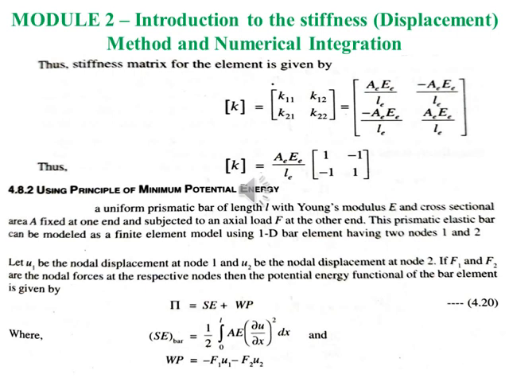So here you can see K11, K12, K21, K22, which is equal to AE divided by L, minus AE divided by L. Similarly, K21 is nothing but minus AE divided by L and AE divided by L. Now, if I take the constant terms outside, I can write it as A_e E_e divided by L_e, where A is the area, E is the elasticity of the element, L is the length of the element, and inside the matrix I can write 1 minus 1, minus 1 1.